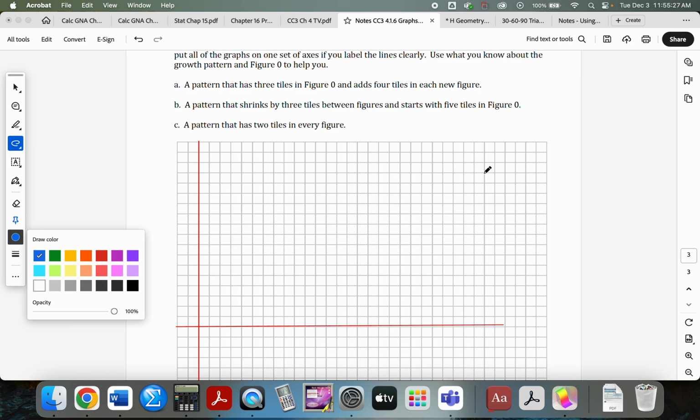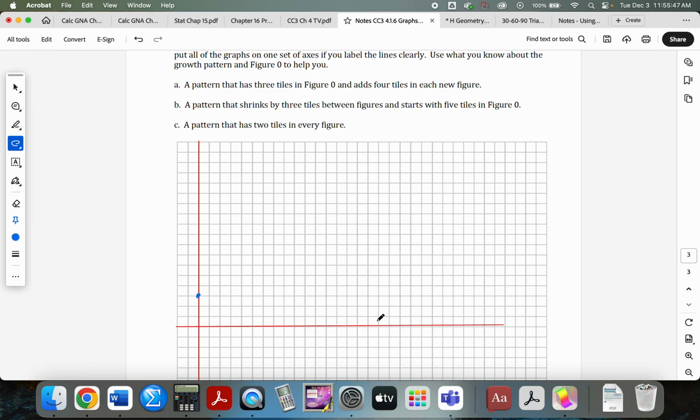Okay, so for this first one, it says a pattern that has 3 tiles in figure 0 and adds 4 tiles for each new figure. So where am I going to start? On the y-axis. Then what am I going to do? Grow by 4 each time we move to the right one, yeah.